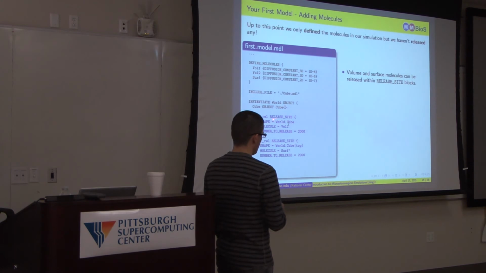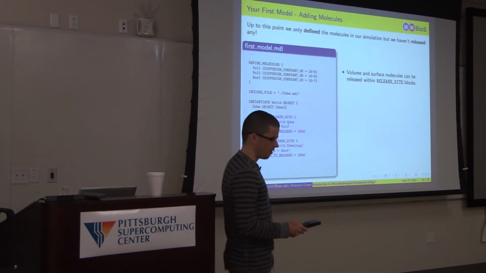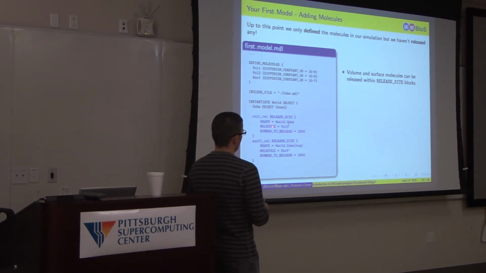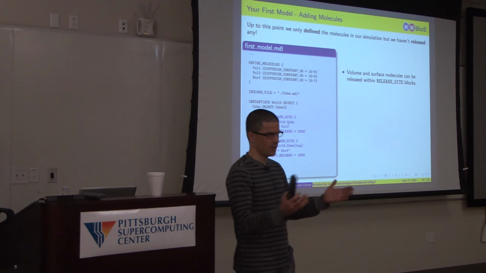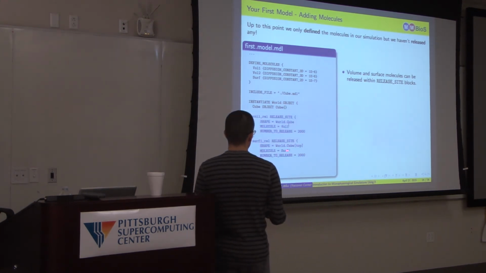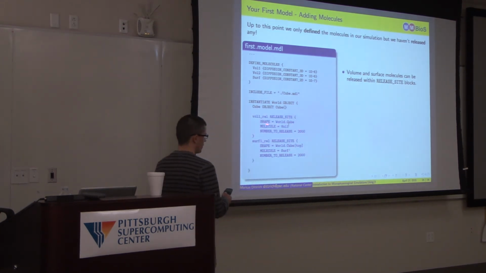And in this case, the shape is just the whole cube. So this is how you actually specify the cube. The world object is the main parent object, and then within the world object, the cube. So world cube is just our cube. So in this case, we tell MCell, please release 2,000 volume 1 molecules within the cube.